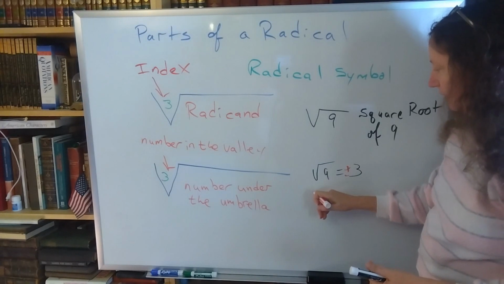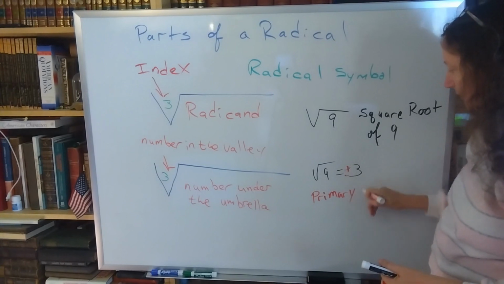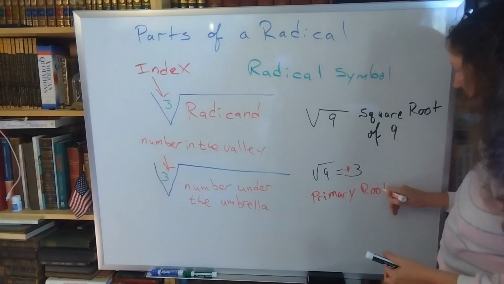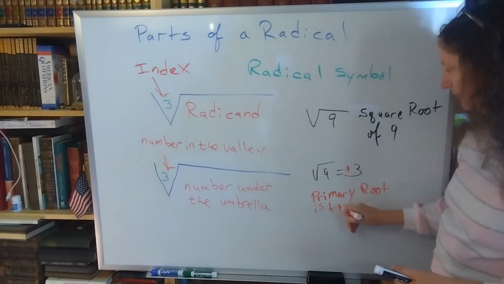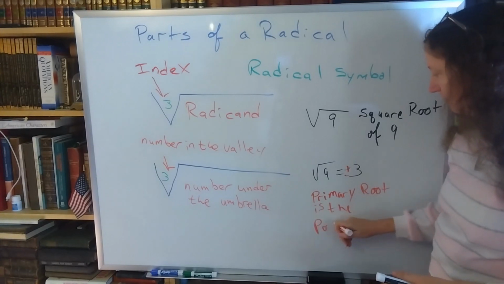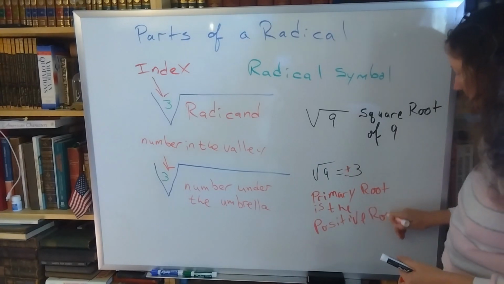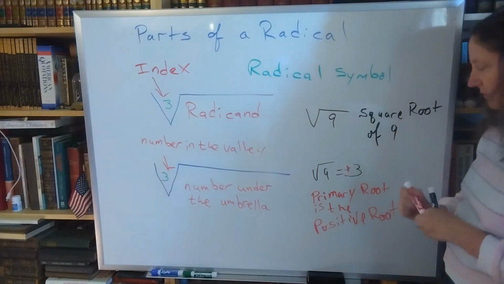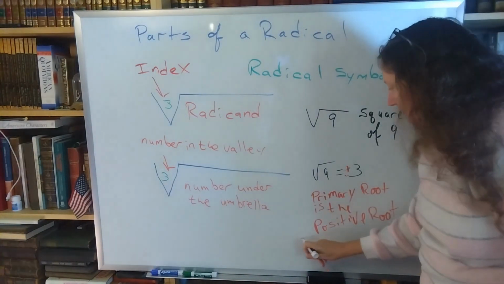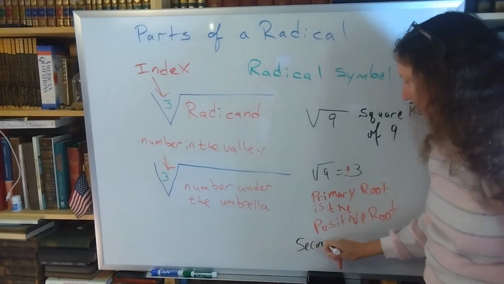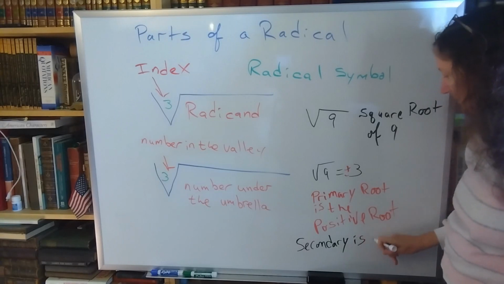So the primary root is the positive root. The secondary root is negative.